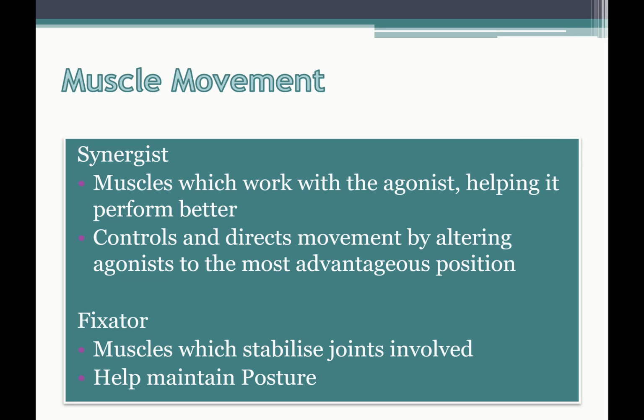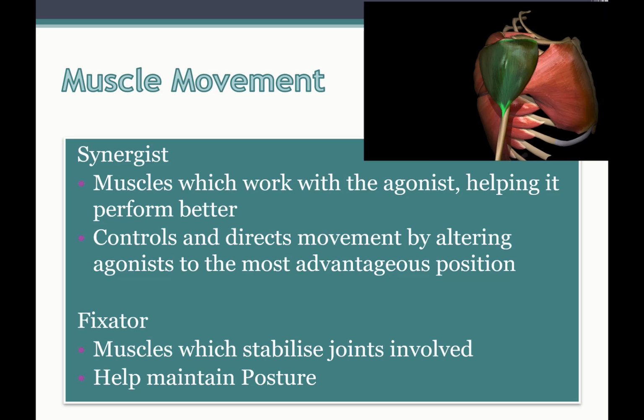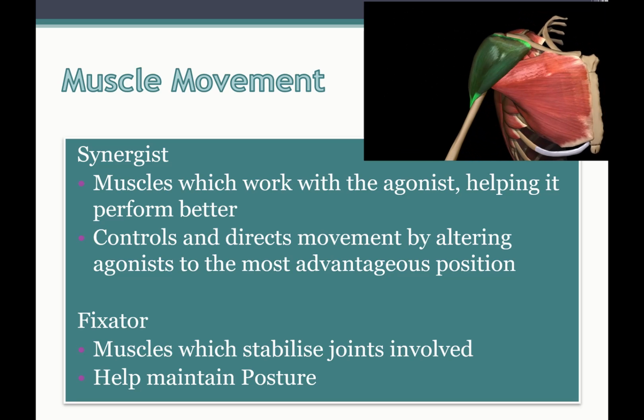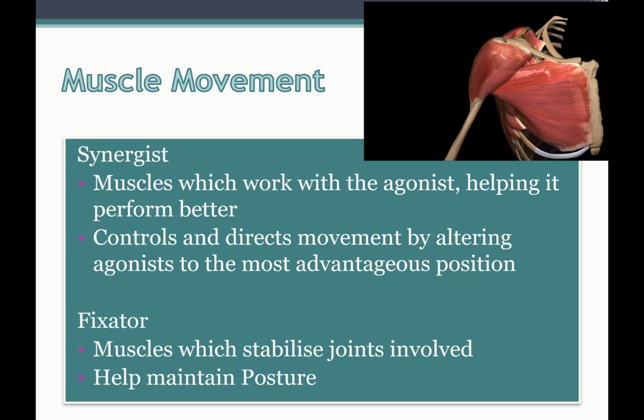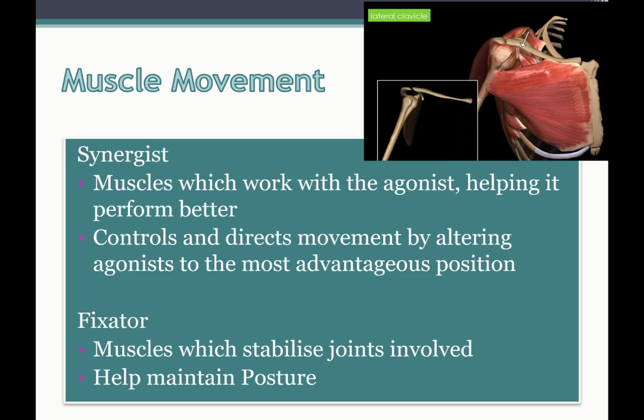The fixator during this movement, if we want to keep our elbow and our shoulder in a fixated position so that we can fully work the agonist of the bicep, then we can have the fixator as the deltoid. So the cap of the shoulder is keeping the elbow and keeping the humerus in a nice stabilized position so that the bicep can fulfill its contraction.